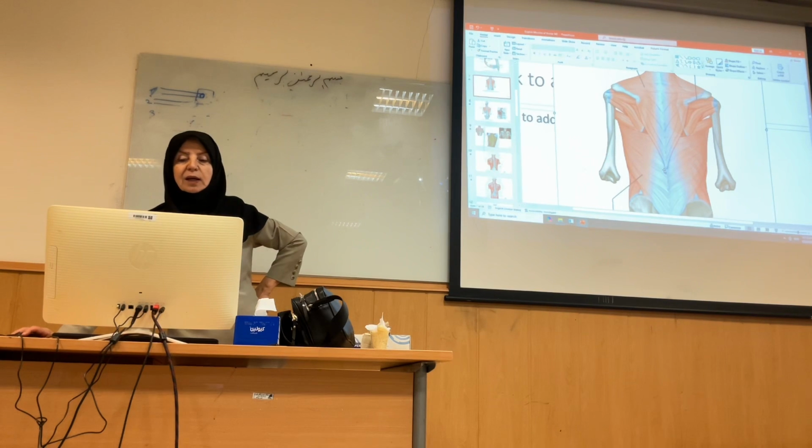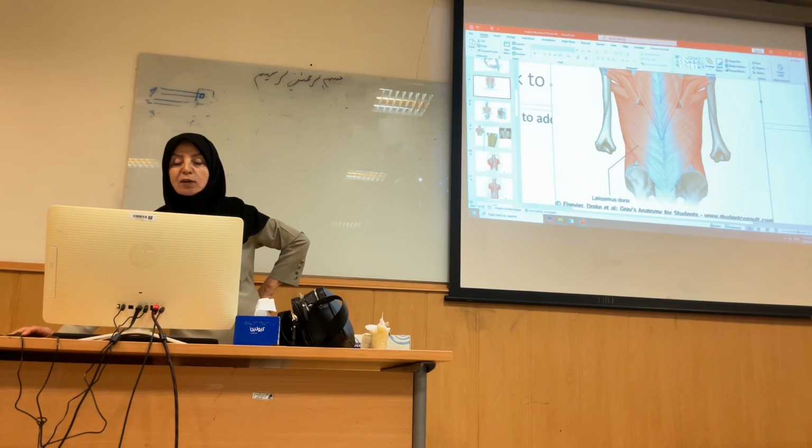Okay? So some of the muscle fibers of latissimus dorsi attach to the inferior 6 spinous processes of the thoracic vertebrae, all of the spinous processes of the lumbar vertebrae, the posterior part of the iliac crest, and the sacrum.